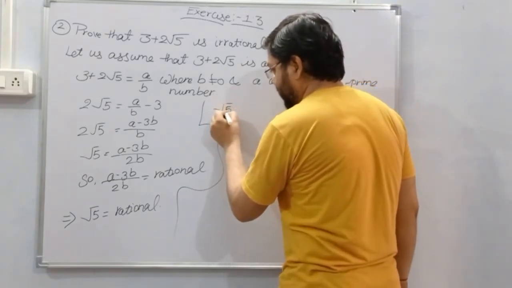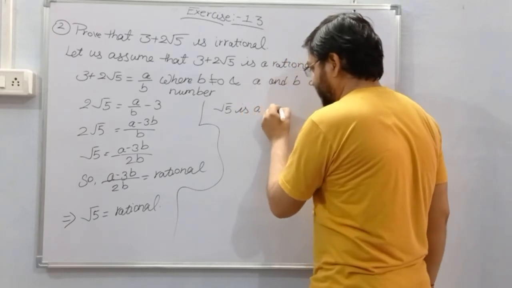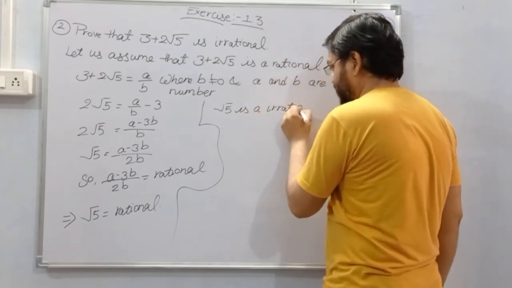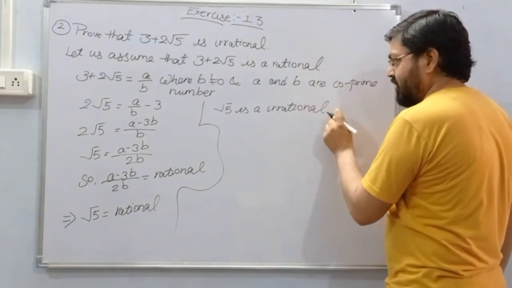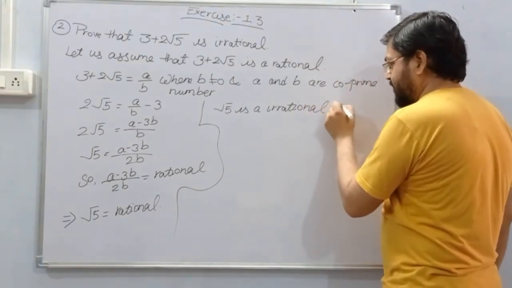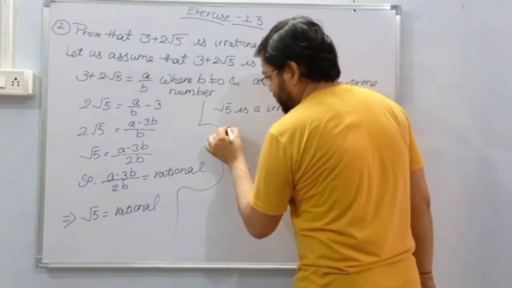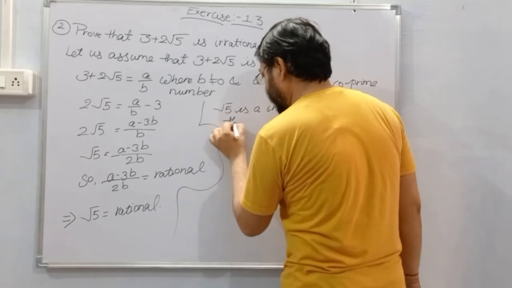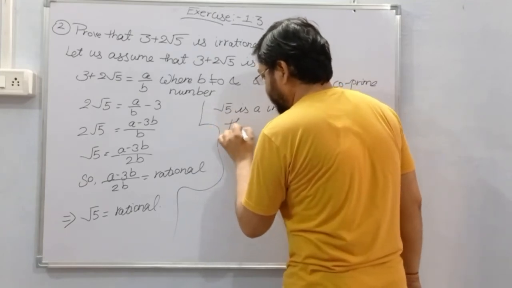Root 5 is an irrational. This is the fact.